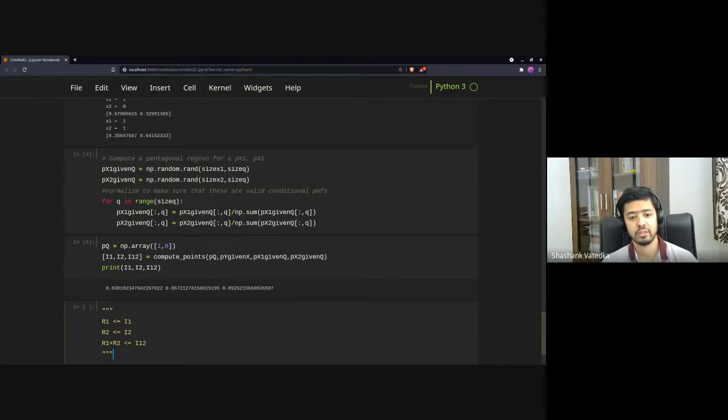So I evaluated these three terms, I1, I2, I12, and you know that this corresponds to some pentagonal region. For a given I1, I2, and I12, how many points do you need to find this pentagon?